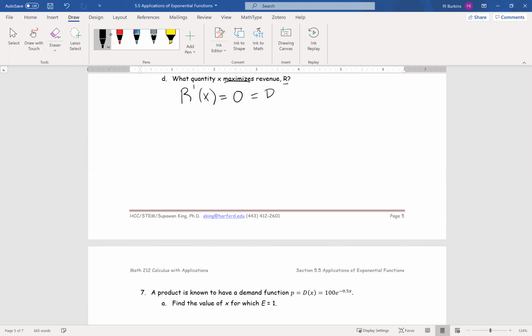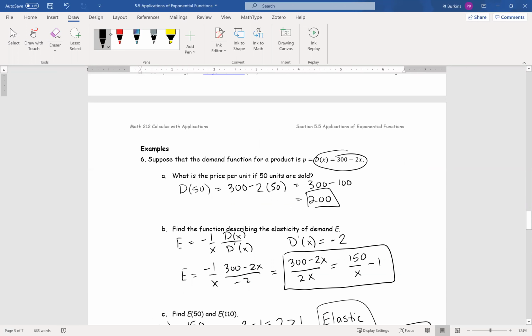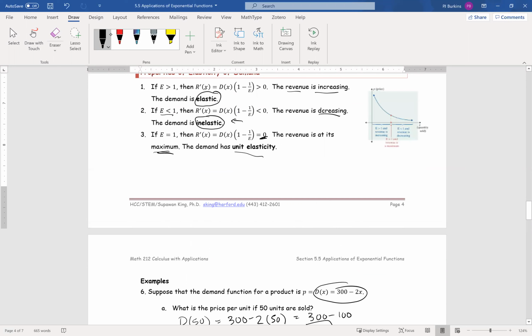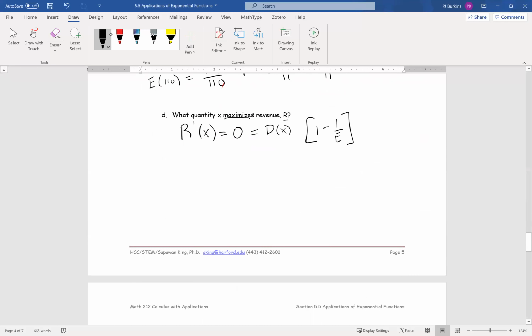So it's dx times 1 minus 1 over e. Now, this does say for R prime to be 0, e should be 1. However, if we do that, that means that this thing is 0, right?